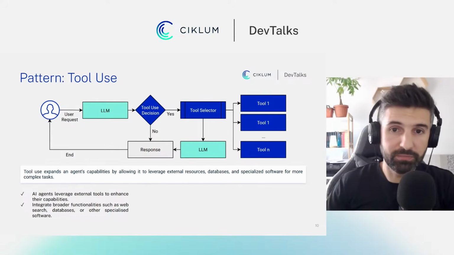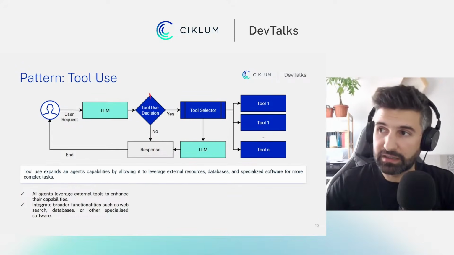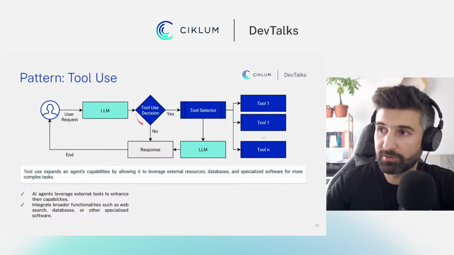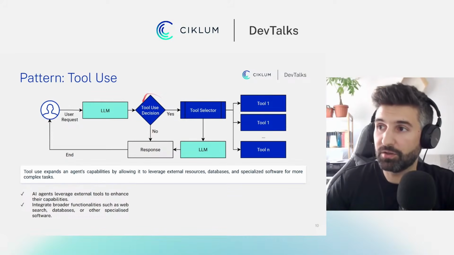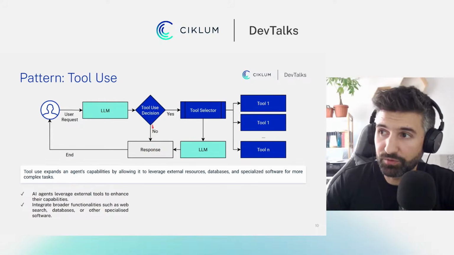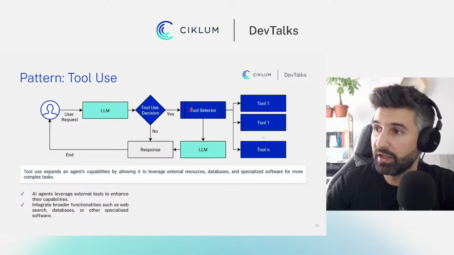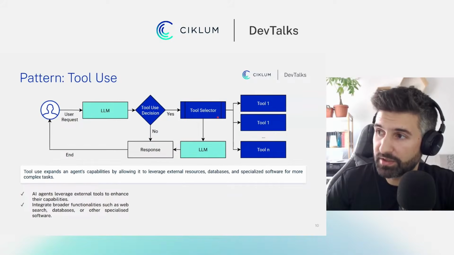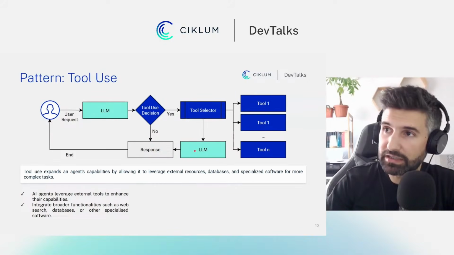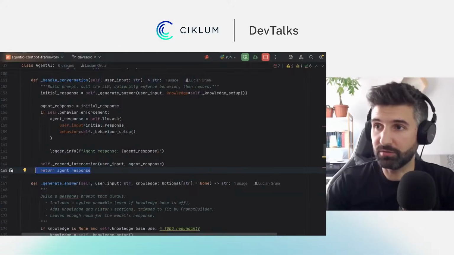This decision could be made by an LLM or by some predefined rules and conditions in our application. After we take the decision, we select the tool and we call that tool. If we don't have any tool to use, of course, this loop is ending. But if we are selecting a specific tool, we are calling it and we take its answer and pull it into the LLM. What does it look like in code?